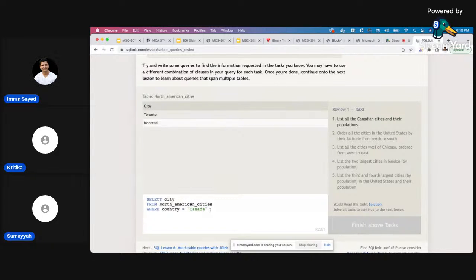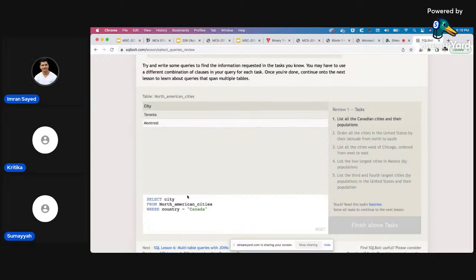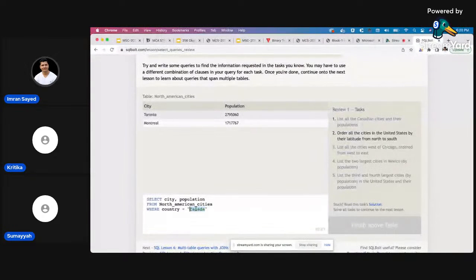Okay, you want the population also. What's the column name for population? Population. So city, comma, population. So that's checked: cities and their populations. I'm saying give me city, give me population where country equals Canada. In the exam, it's very easy to make a mistake.